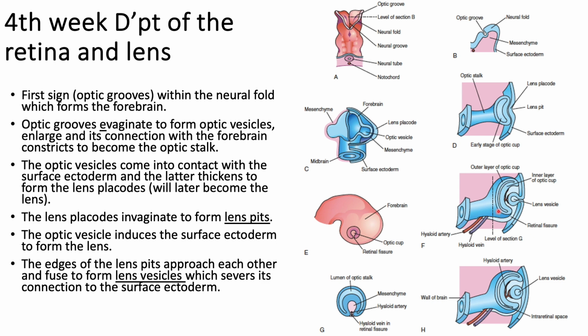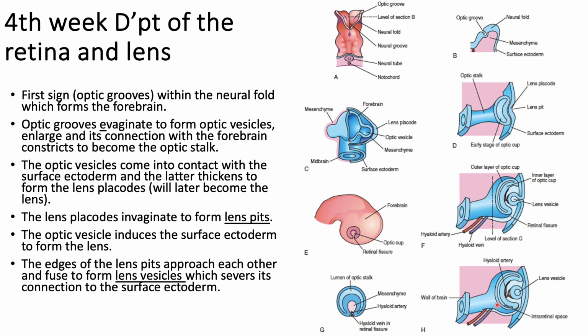When you look at this optic vesicle, you realize that it has two layers, an inner layer and then an outer layer, and in between the two is a space. The space is going to form the interretinal space, and we will soon give names to the inner layer and then outer layer.